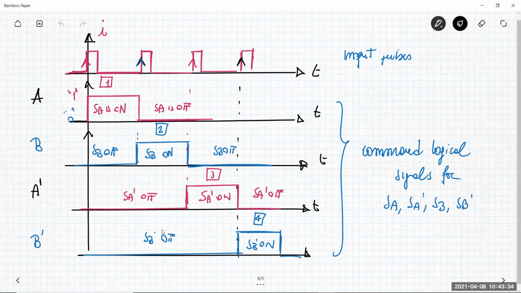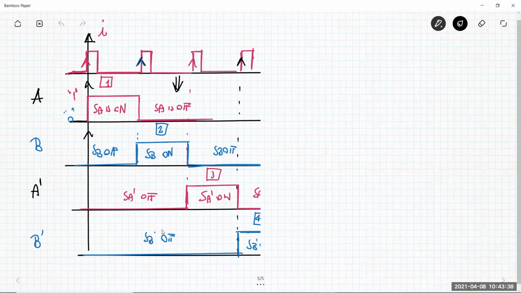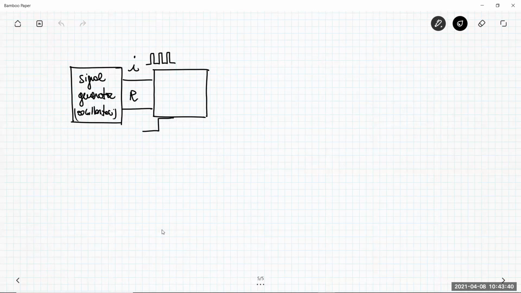From this configuration, you have to split into different command signals. This is made by a circuit which is called the sequencer.